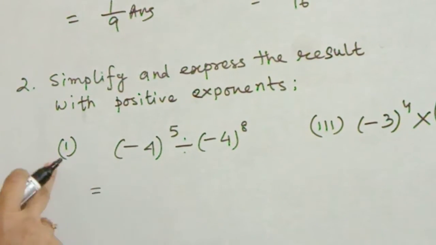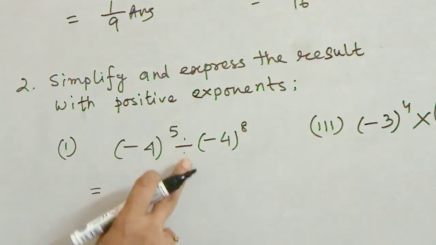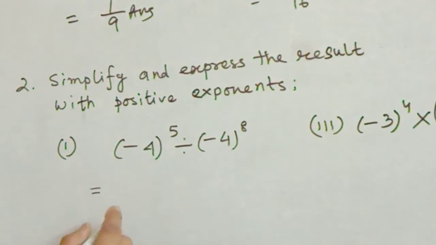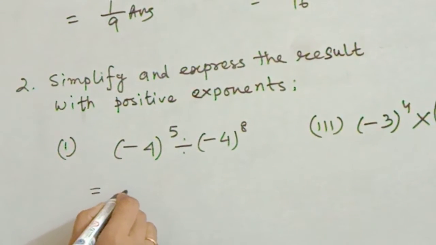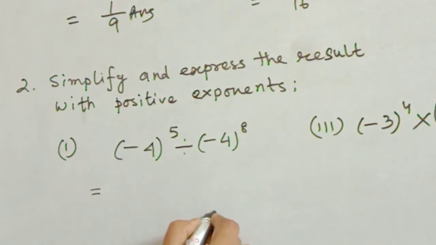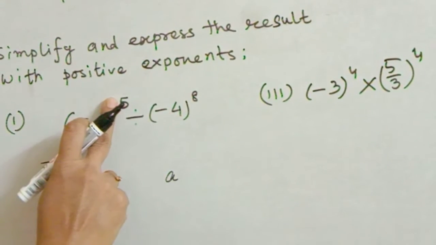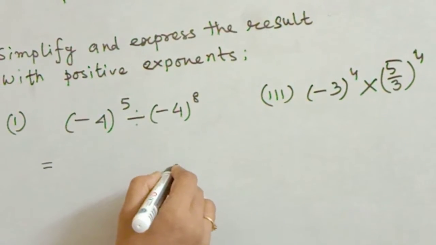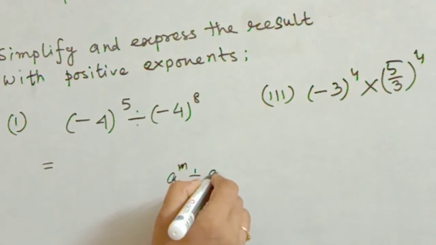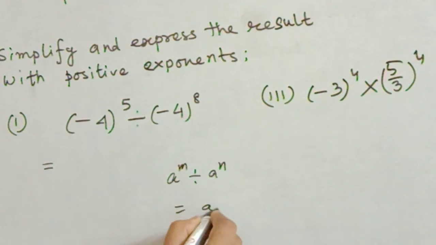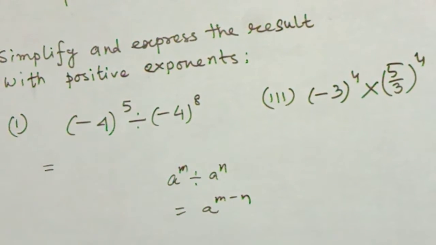Simplify. Question number 1, (-4) to the power 5 divided by (-4) to the power 8. You know that the bases are the same, minus 4, and the powers are 5 and 8, with division. That means a to the power m divided by a to the power n, we have to write a to the power m minus n.